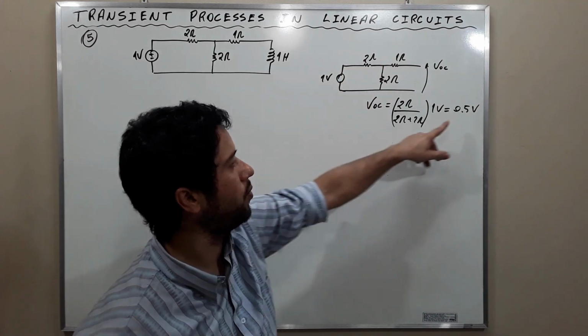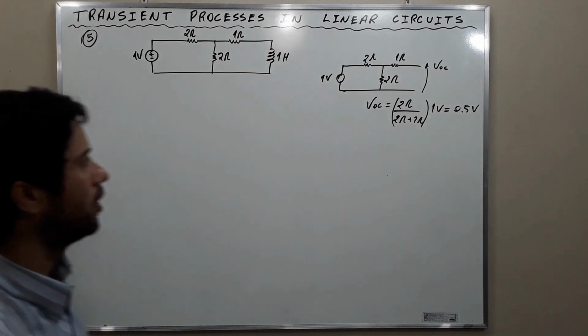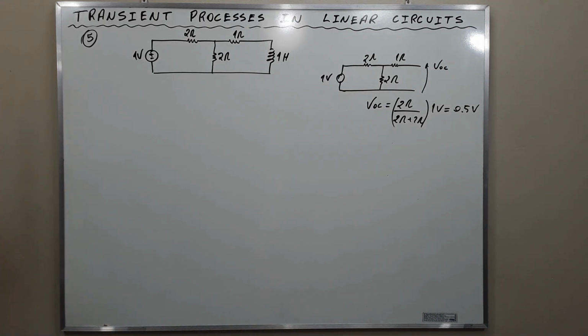Applying the voltage divider, we find 0.5 volts. This is the open circuit voltage. To calculate the equivalent resistance, we set the voltage source at rest.